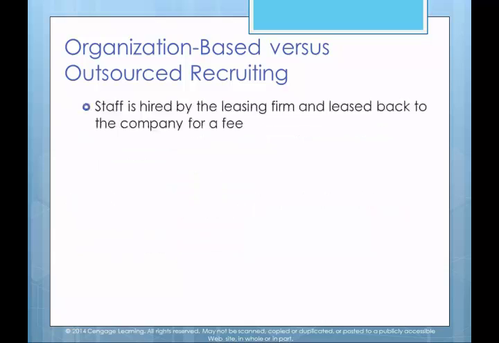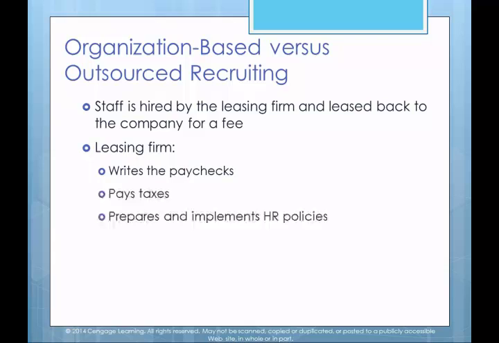Staff is hired by a leasing firm too and leased back to the company, as I talked about. The leasing firm writes the paychecks, pays the taxes, prepares and implements the HR policies, and keeps all the required records for the employer.